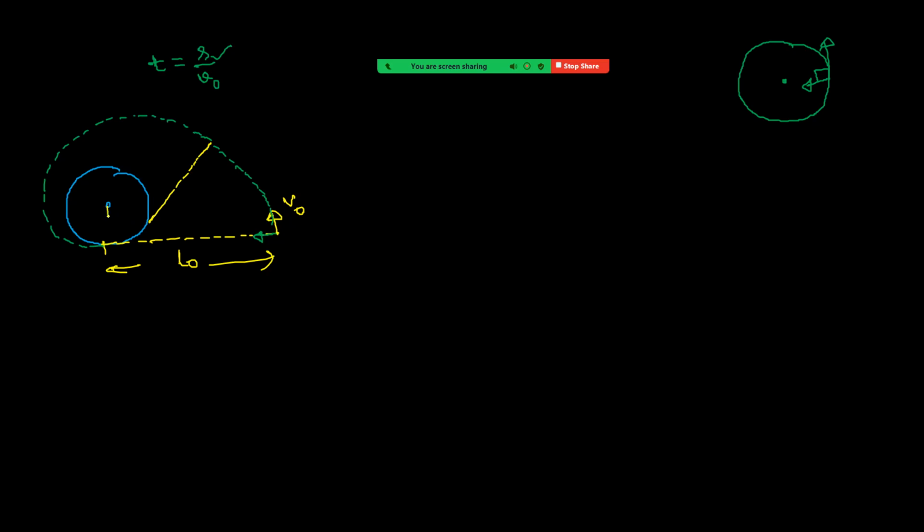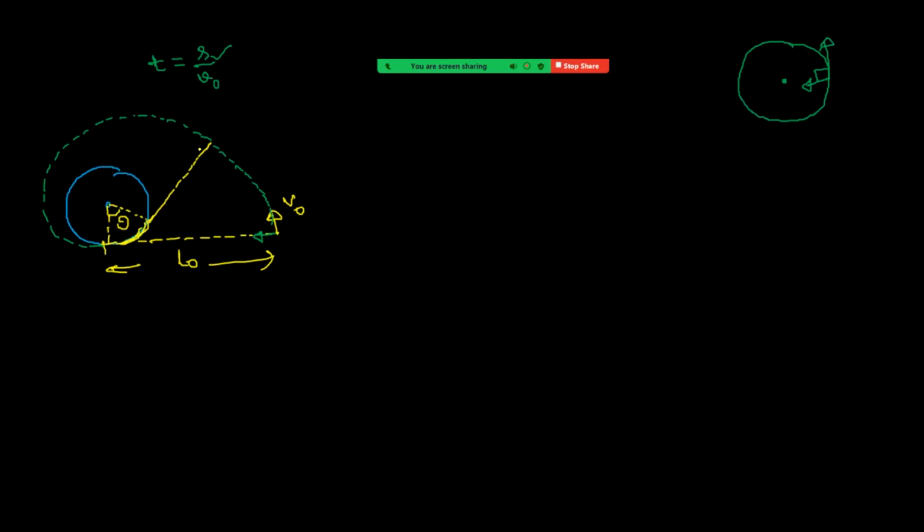Let us take normals to the string. This is the normal to the initial position of the string. This is the normal to the present position of the string. Suppose now this angle is theta, and this is the string, okay? And this arc length equals r theta.